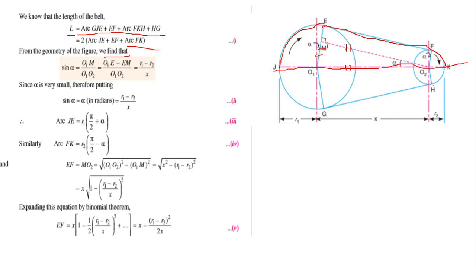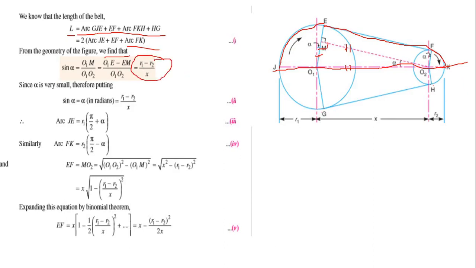EM is equal to O2F because EF is parallel to MO2, where O2F is the radius of the smaller pulley. So we can write R1 minus R2, and O1O2 is X, that is called the center distance between the two pulleys, which can be written like this.